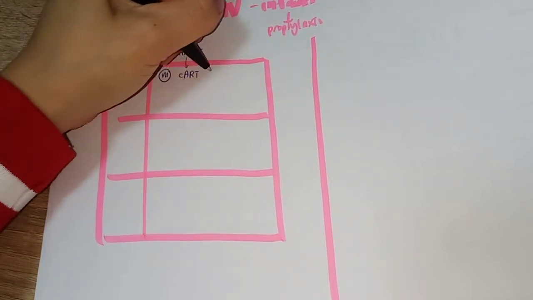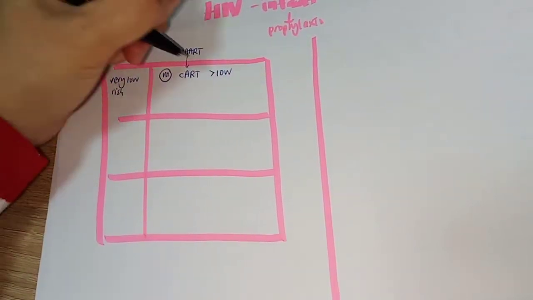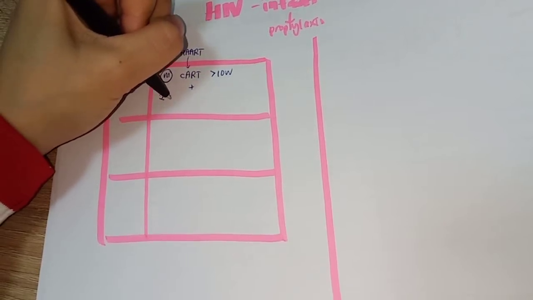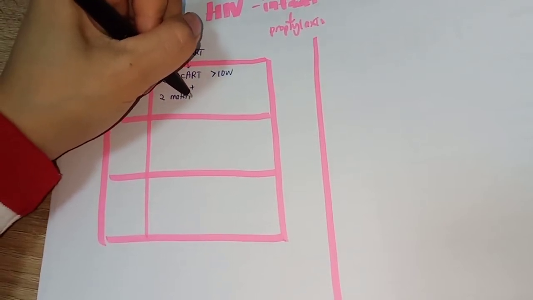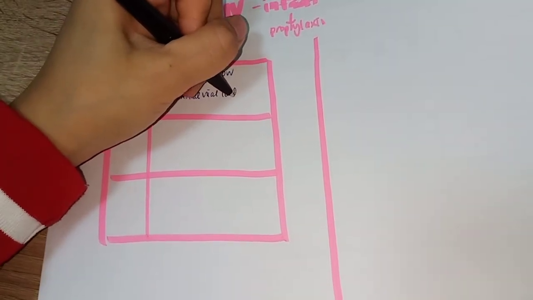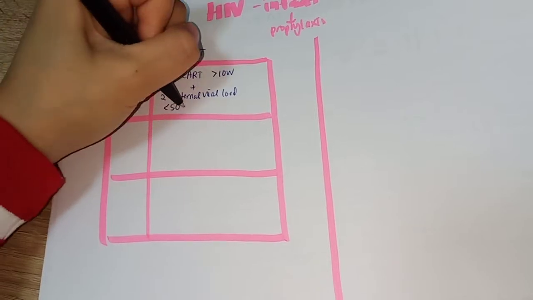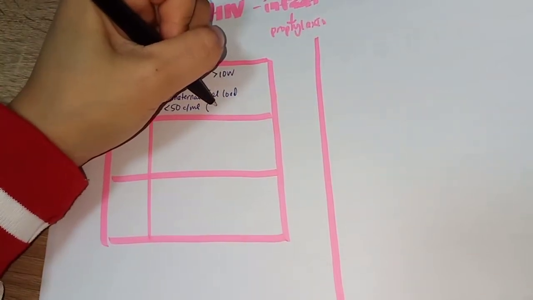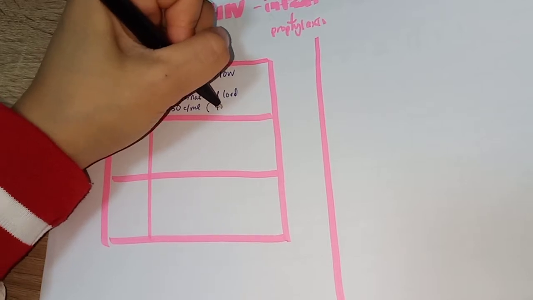If the cART is used for more than 10 weeks, and also two maternal viral loads less than 50 copies per mil within 4 weeks intervals.